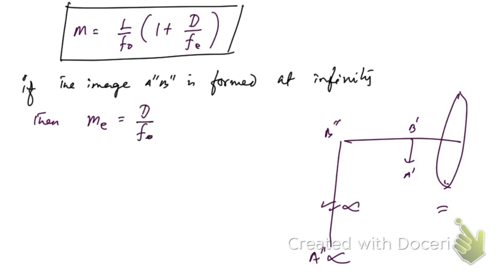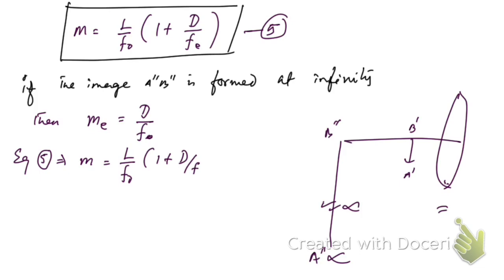Okay, d by Fe, this is, suppose, equation number 5, and then equation number 5 becomes of this form: m is equal to L by F naught into 1 plus d by Fe. Sorry, this is supposed to be d by Fe, right?